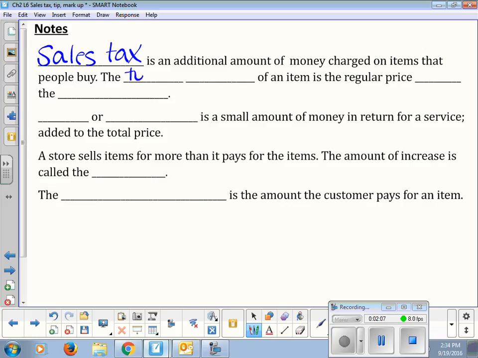When you find the total cost of an item, it is the regular price plus your sales tax. You have to add in your sales tax. The next vocabulary we have is a tip.